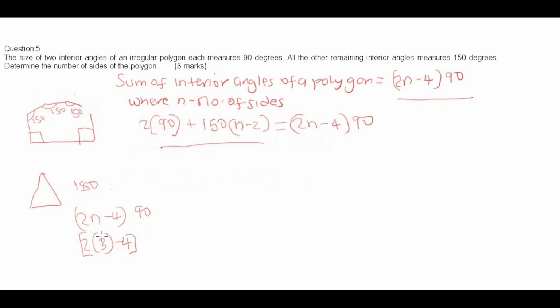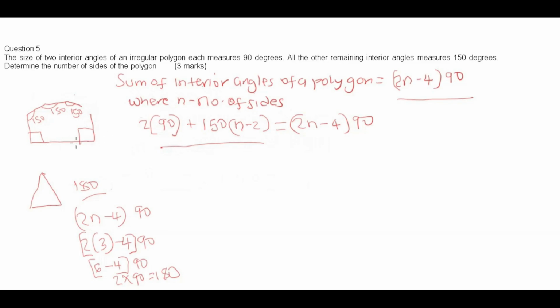So 2 times the number of sides, which is 3, minus 4, times 90. Opening the brackets, this is 6 minus 4, times 90. 6 minus 4 is 2, and 2 times 90 is 180. So this is the formula for getting the sum of the interior angles, and that is why we formed an equation here.